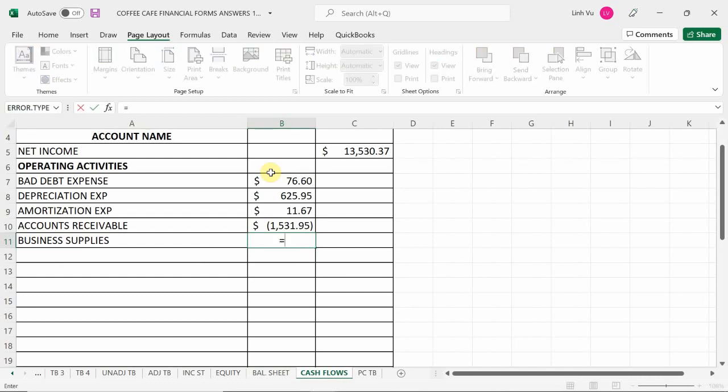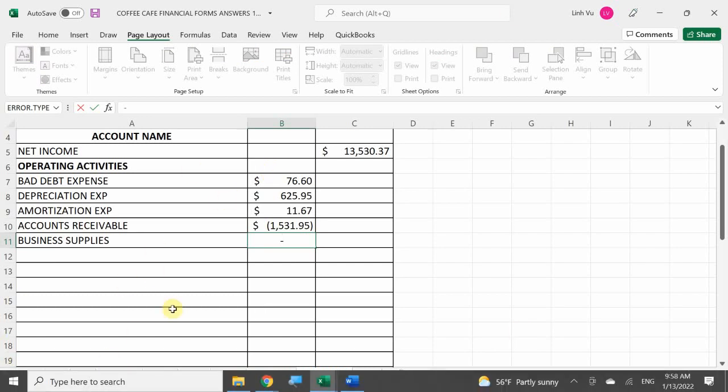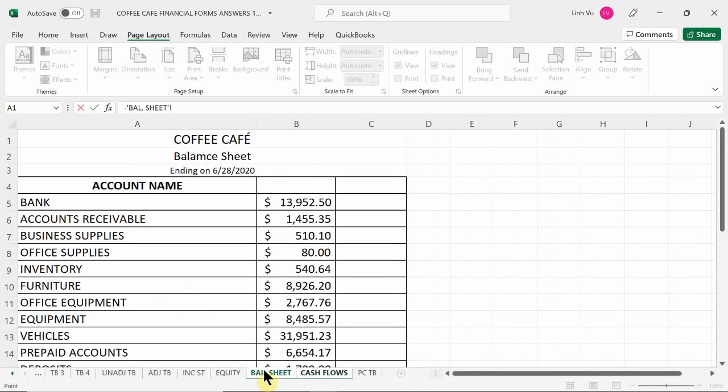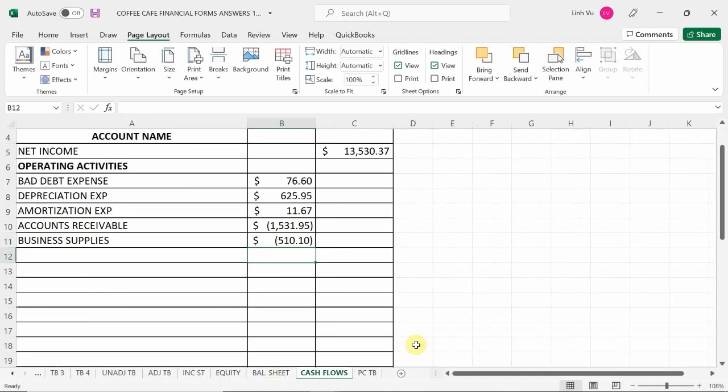No, because you had to spend money in order to obtain those business supplies. So in this case, is that cash that we have? It is not. So we need to subtract that money out because we don't even have $510 anymore. We already incurred and paid that $510 with cash to buy these business supplies. So in this case, it is a negative to you.